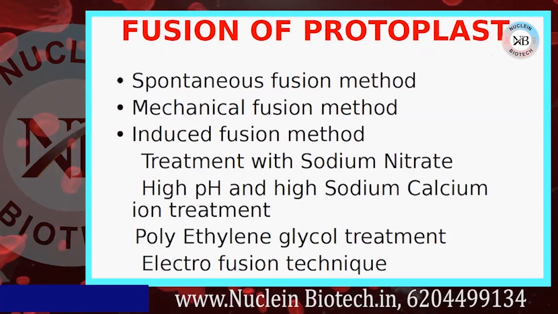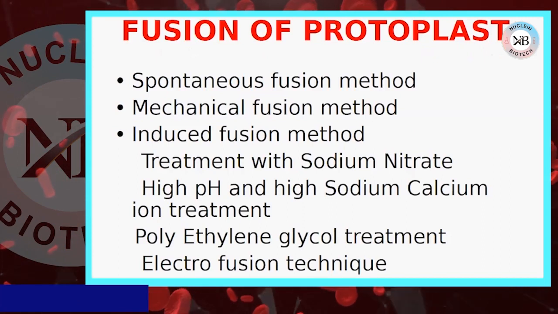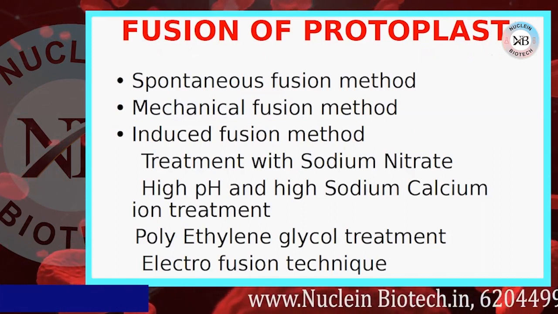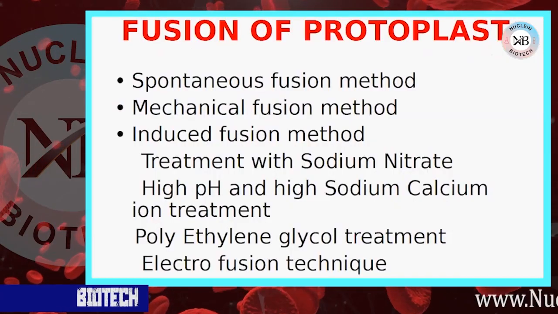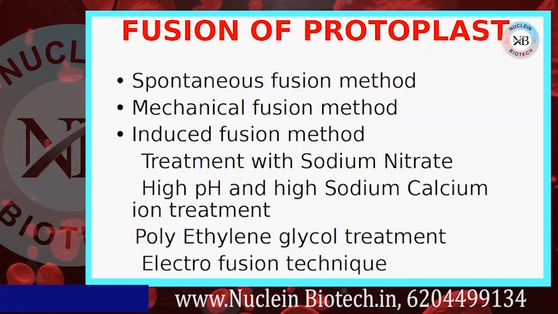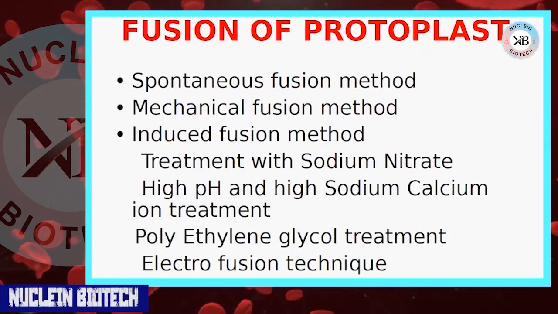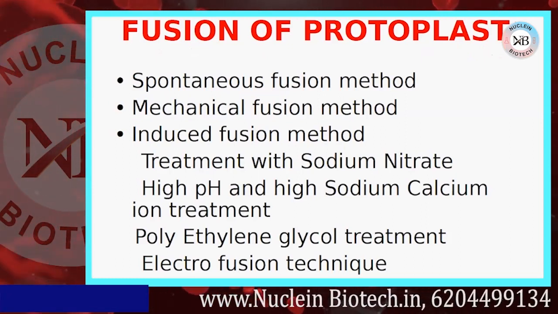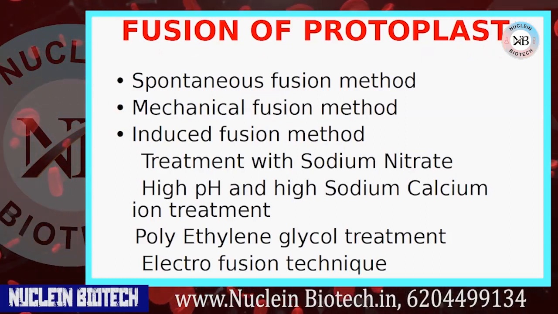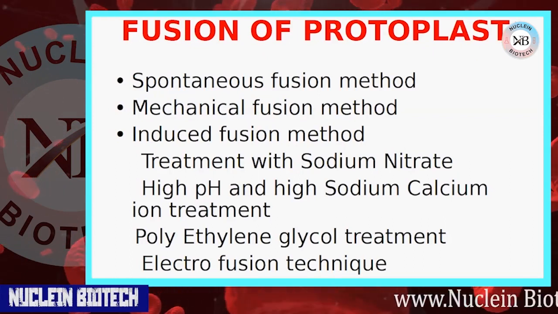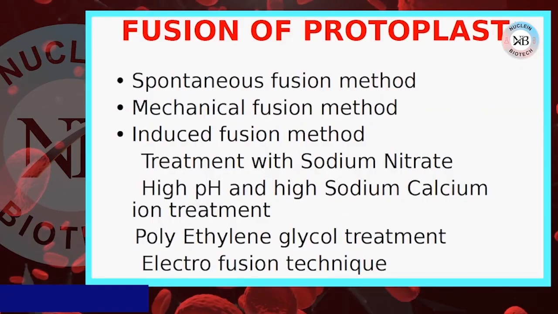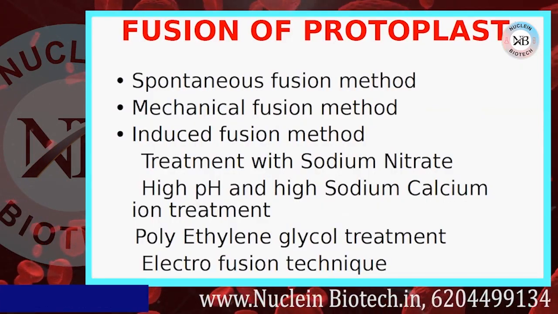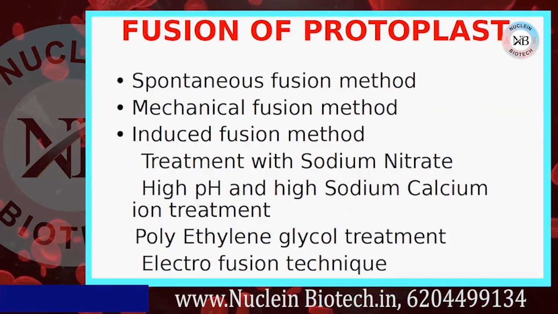Next is the mechanical fusion method. In this, protoplasts can be pushed together mechanically to fuse under a microscope by using a micromanipulator and perfusion micropipette. But the drawback of this method is that it may damage protoplasts by causing injuries.